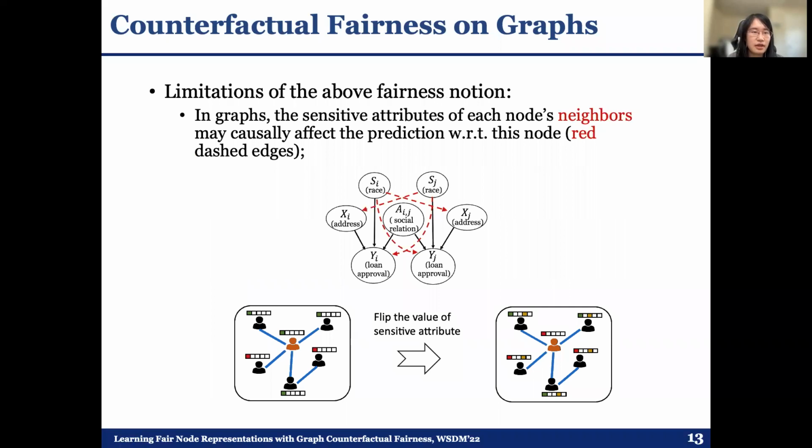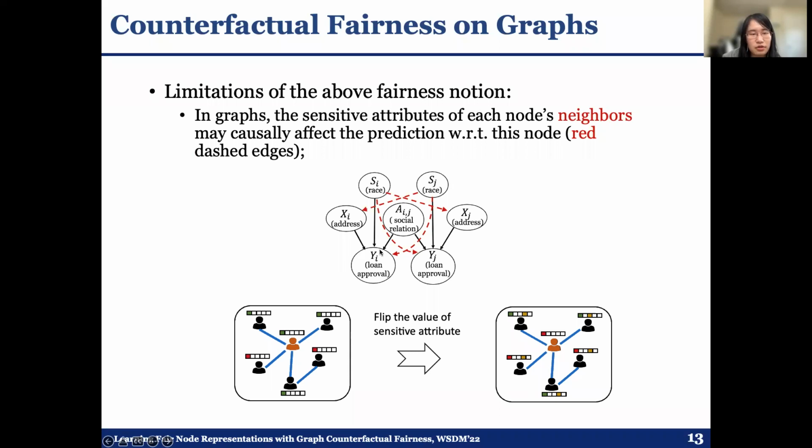Like in graphs, the sensitive attributes of each node's neighbors may also causally affect the prediction with respect to this node. Like we have the causal graph here, where i and j are two nodes on the graph. We have their sensitive features, their other features like address, their social relation, and their prediction target, loan approval.